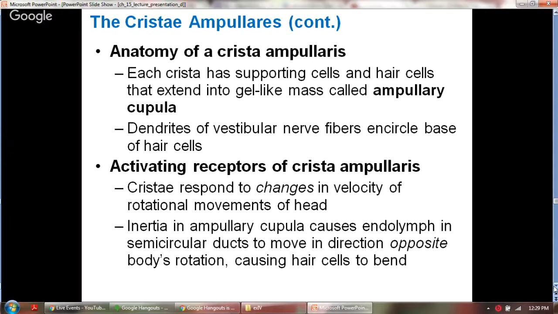Activating the receptors of the crista ampullaris: they respond to changes in the velocity of the rotational movements of the head, and the inertia in the ampullary cupula causes endolymph in the semicircular ducts to move in the direction opposite the body's rotation, causing the hair cells to bend.